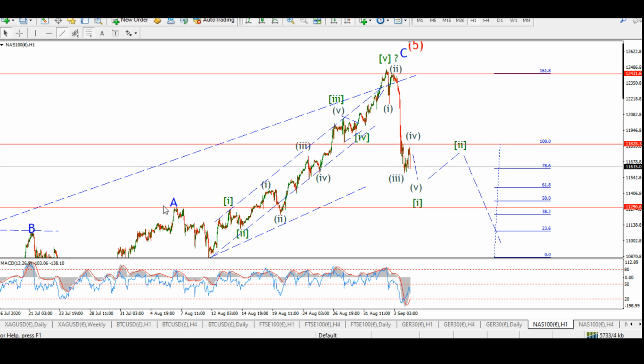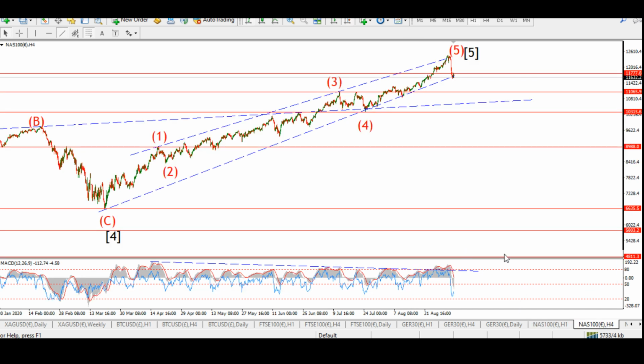If it breaks the wave A high at 11,290, that'd be great. That would suggest another 5-wave move, about 400 more points to break that 290 level, and at that point, you'd probably look for, early next week, a corrective lower high, and that will give us a bearish impulse wave to begin a new bear market.